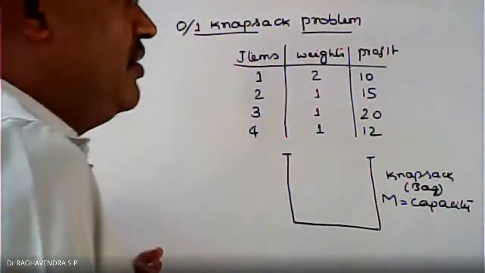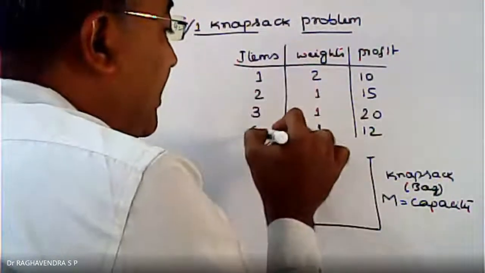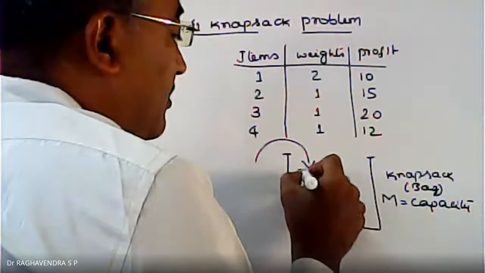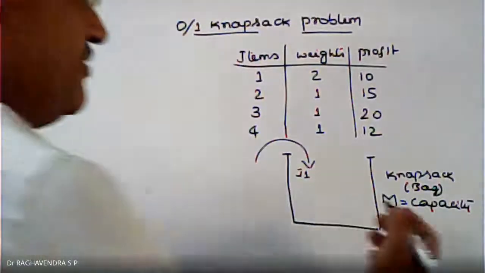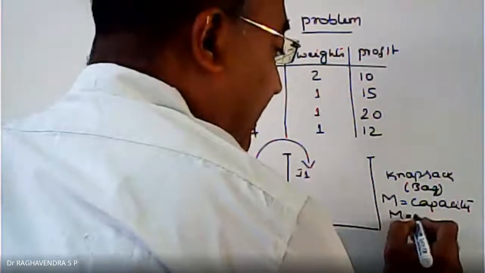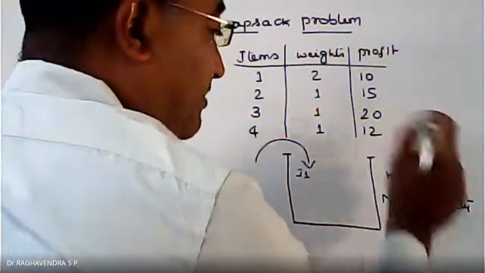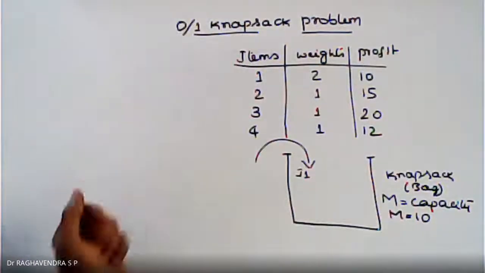So what do we have to do now? We have to insert the items into the knapsack. Like we have item 1. Suppose the capacity of the knapsack, the size of the bag, is 10.